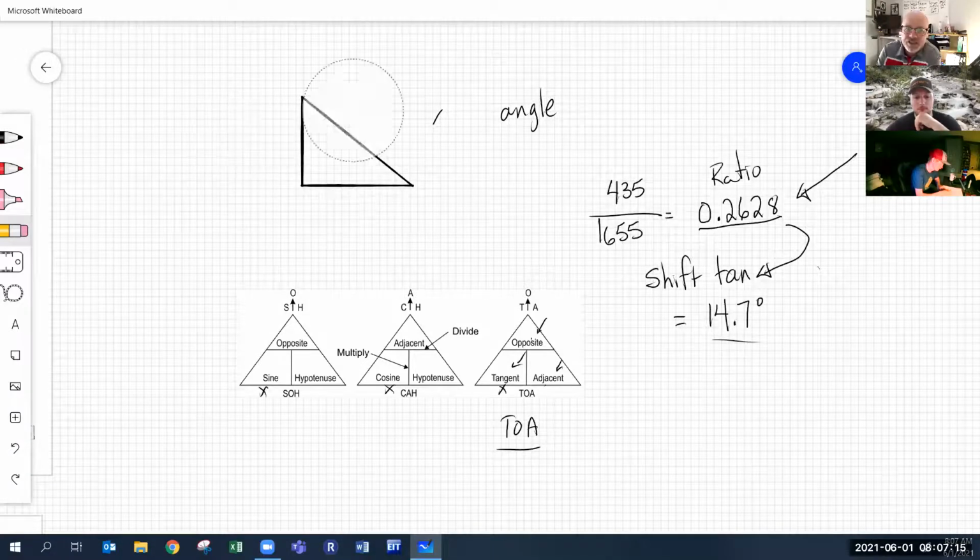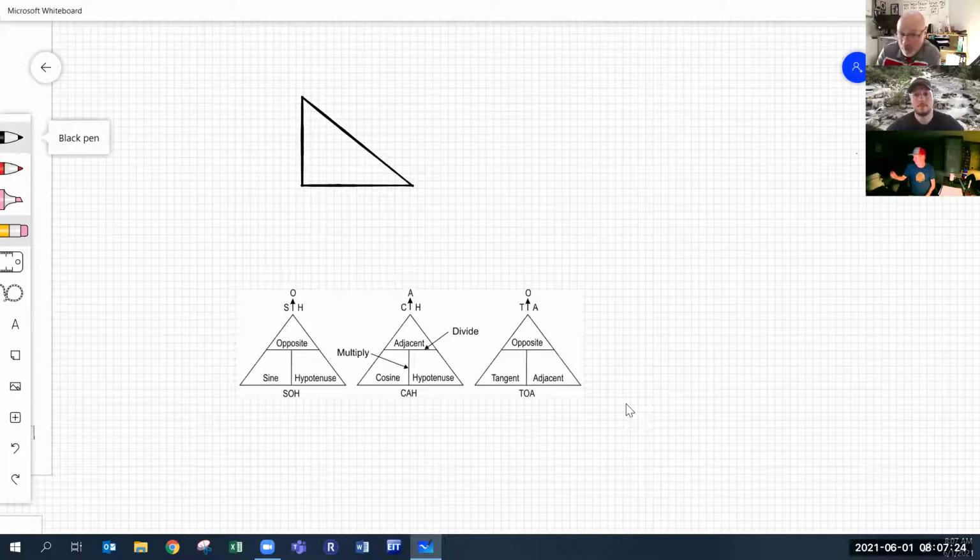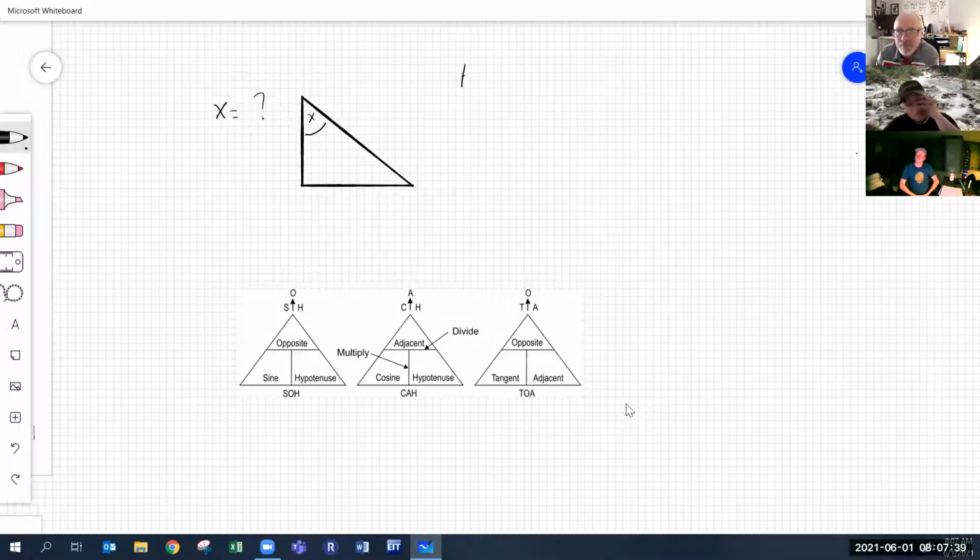So let's just do another couple of examples. I think this is the best way we're going to do this right now instead of following the ILM for the moment. We will go through the ILM, but I want to do some examples with you. So if I had this angle, and this angle is unknown, I don't know what X is, but I will give you the hypotenuse as 550.